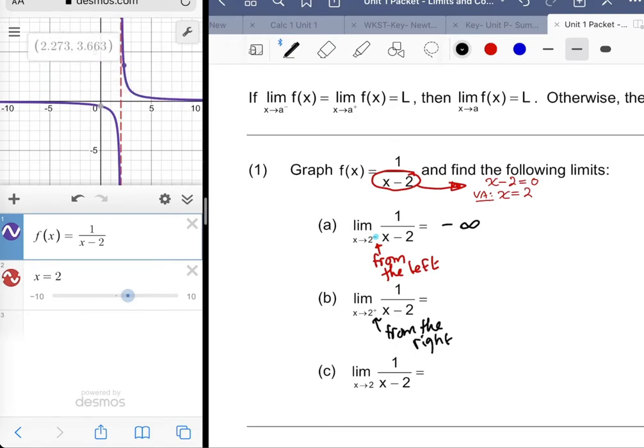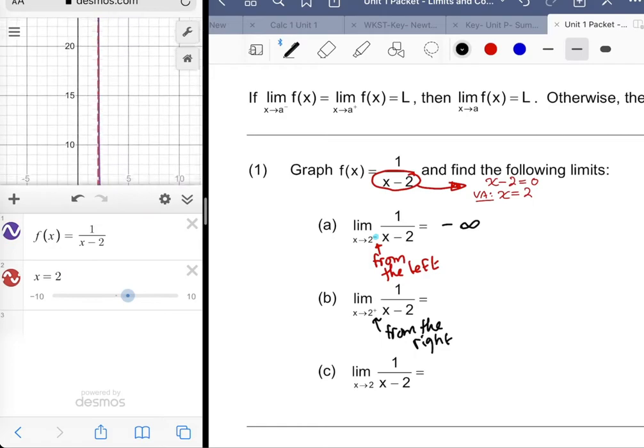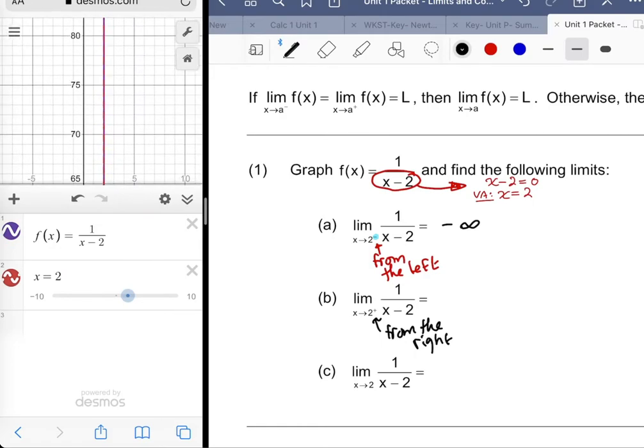As I get closer and closer to the x value of 2, it seems to turn and start going upward off the grid. But if I continue scrolling up, you see that the curve never ends. It still gets closer and closer to the x value of 2, but it never stops increasing. A number that never stops increasing is known as positive infinity.